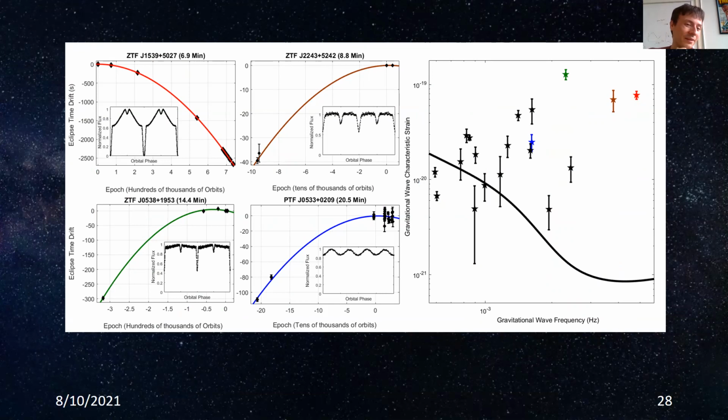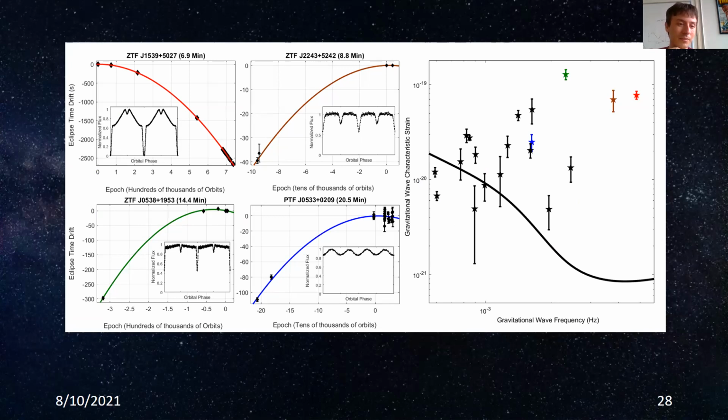And basically the idea is if an orbital period's not changing and you know the orbital period, let's say it's exactly 6.91 minutes, you'd expect an eclipse to happen every 6.91 minutes on the dot. But if the orbital period is shrinking, what starts happening is that eclipse time starts drifting because it happens sooner and sooner and sooner than you expect.